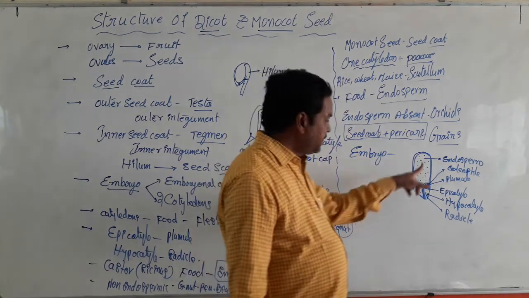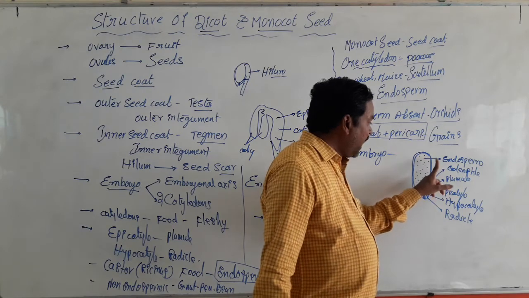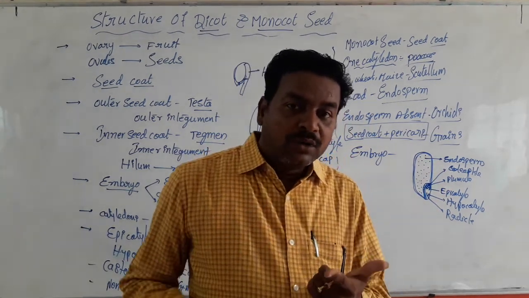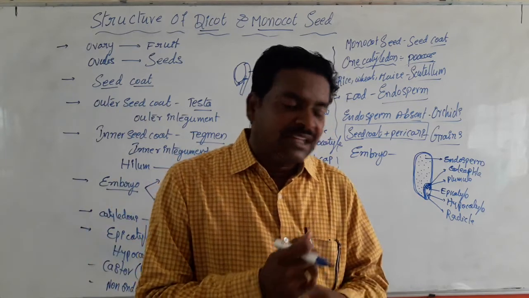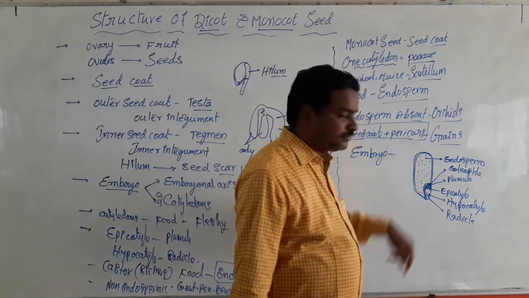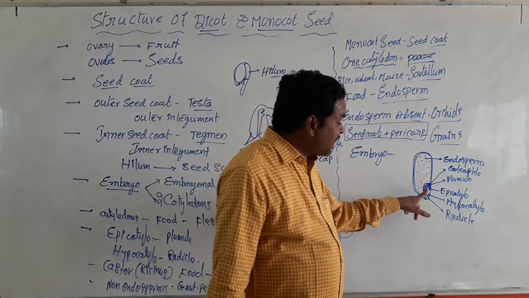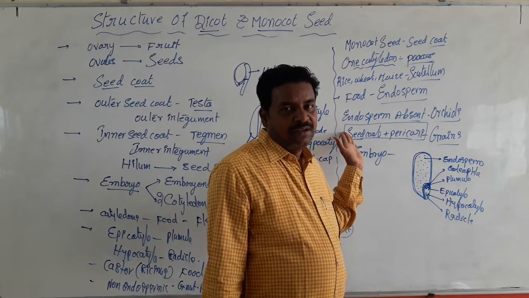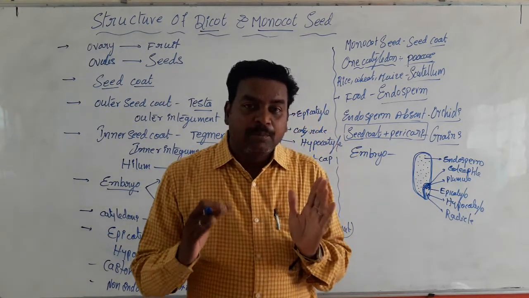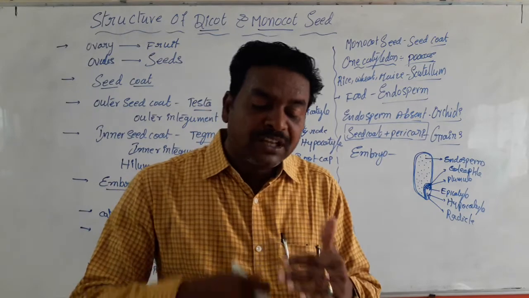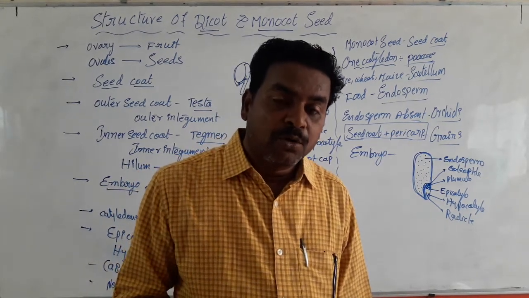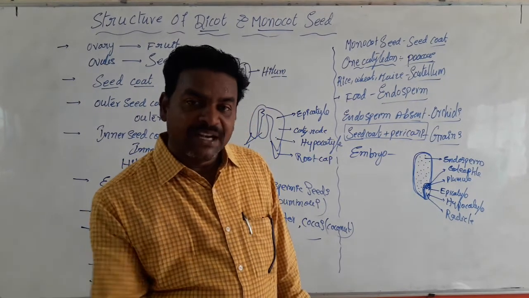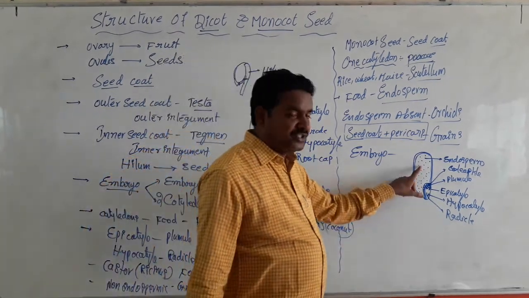In a monocot seed, the outer layer of the endosperm separates the embryo from the endosperm.